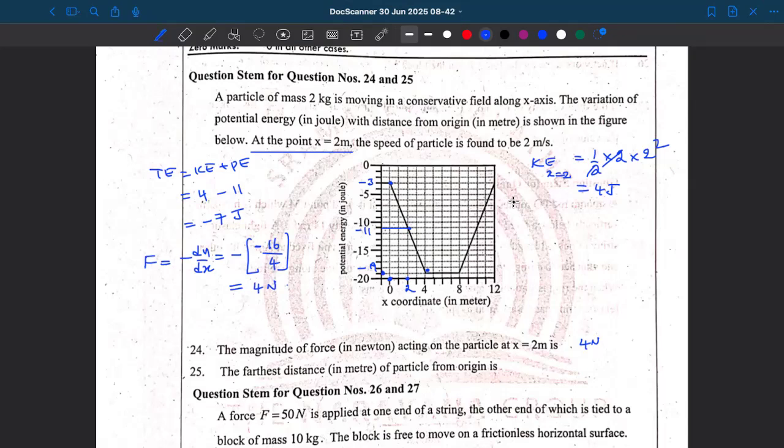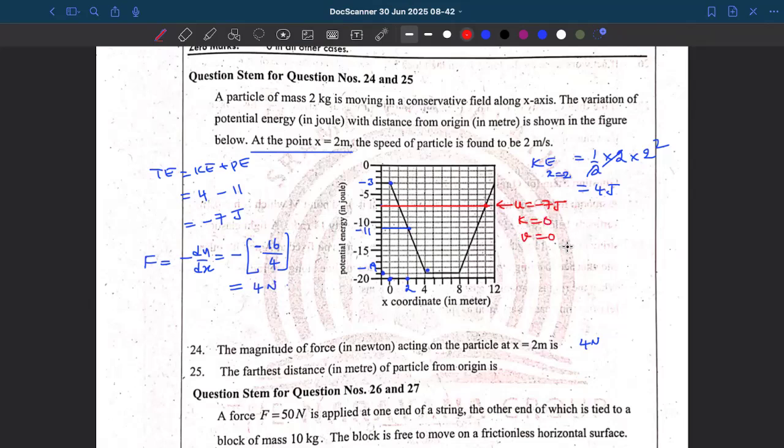Please try to understand: when total energy is minus 7 joule, where does the potential energy become minus 7 joule? 5, 6, 7. When potential energy is minus 7 joule, kinetic energy here is 0.